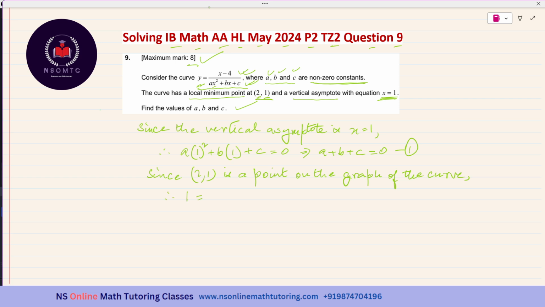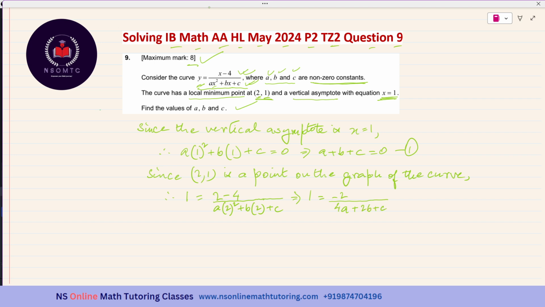therefore 1 is equal to 2 minus 4. I am writing 2 in place of x. So 2 minus 4 over a times 2 square plus b times 2 plus c. So this implies 1 is equal to 2 minus 4, which is minus 2, over 4a plus 2b plus c, since 2 square is 4.